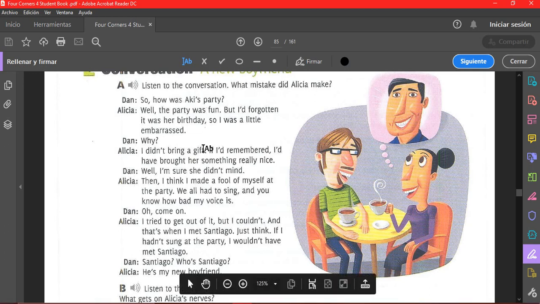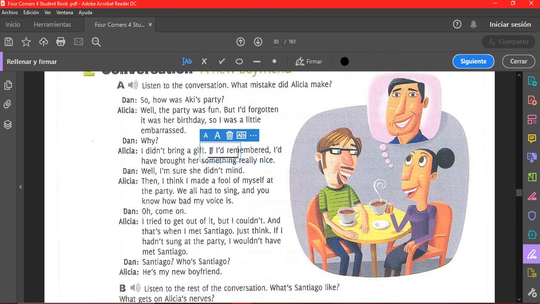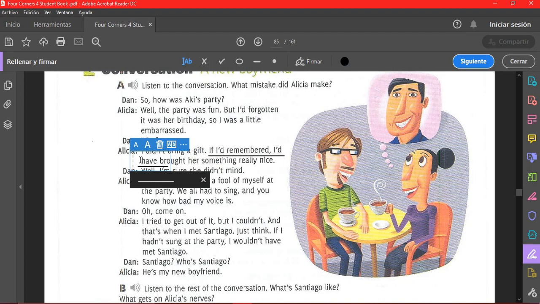For example, in the first place, we have here: if I'd remembered, I'd have brought her something really nice. This is the first expression we're going to put in bold. We are underlining so you can identify it very easily. Okay.